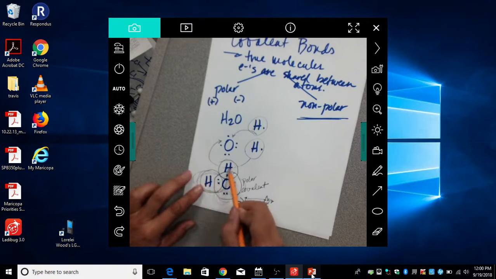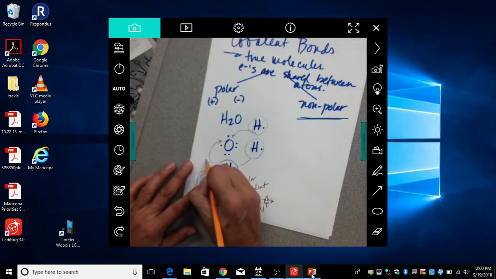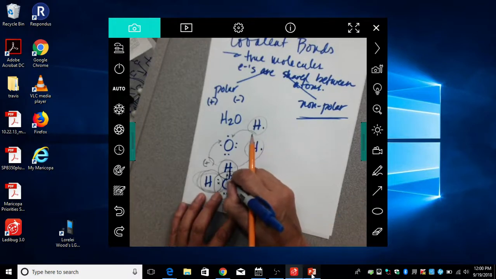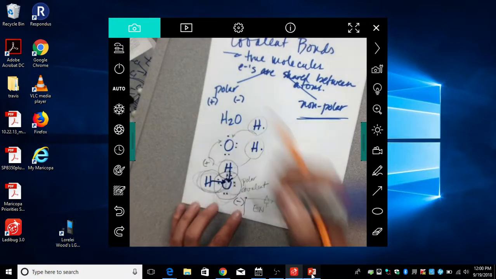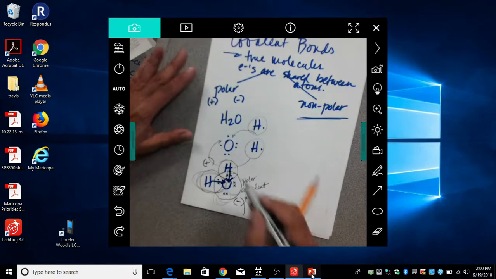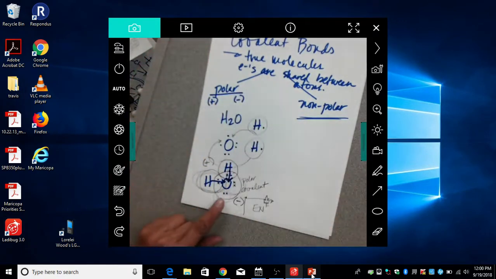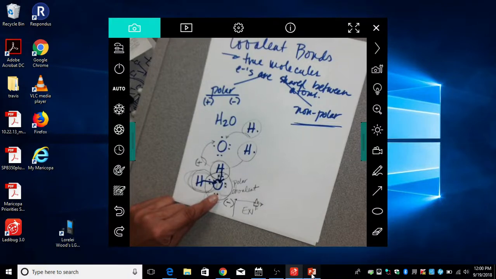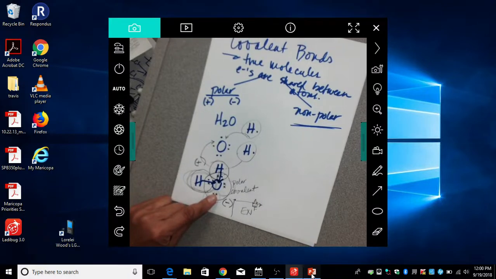This side of the molecule where the hydrogens hang out is positively charged, because the shared electrons are pulled from the hydrogen closer to the oxygen. So polar covalent bonds are when the electronegativities of the atoms involved in the bond are unequal, and it causes an unequal balance of the electrostatic charges.